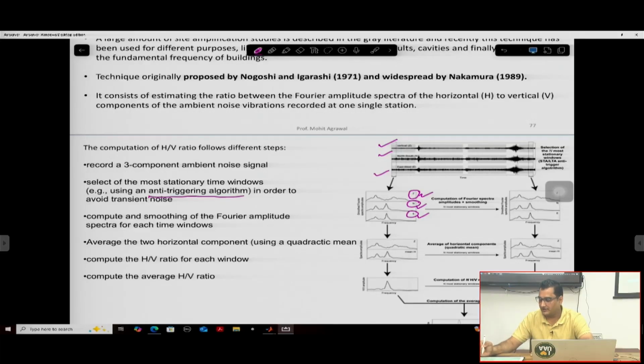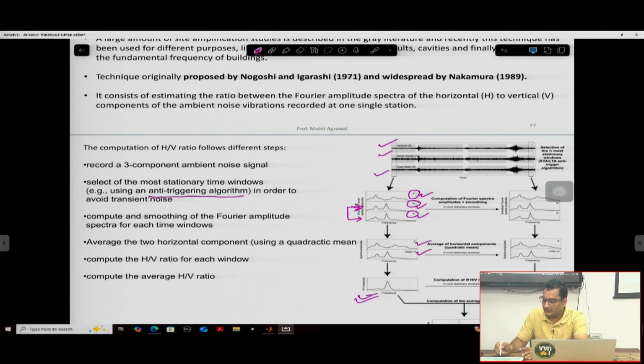Thereafter you take the mean of the two horizontal components, and then you divide the horizontal mean by the vertical component in order to get your HVSR curve.